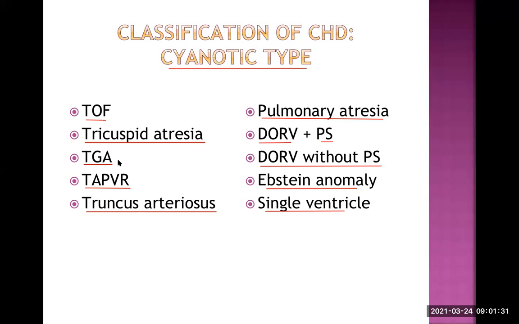Now look at the term transposition: it means they have changed their origin. In this case, the aorta originates from the right ventricle and the pulmonary artery originates from the left ventricle. This is totally the wrong type of circulation, because the right ventricle has deoxygenated blood, which is continuously circulating throughout the body through the aorta, whereas the left ventricle has oxygenated blood, which is constantly taken to the lung.